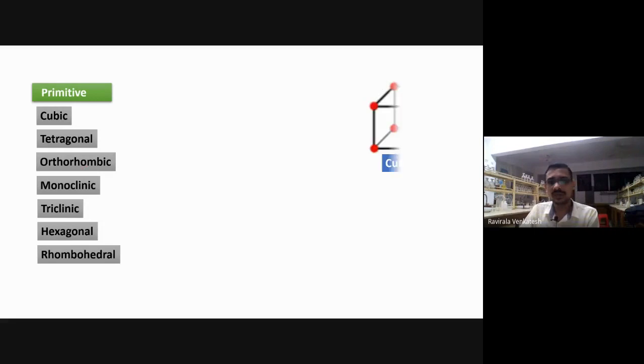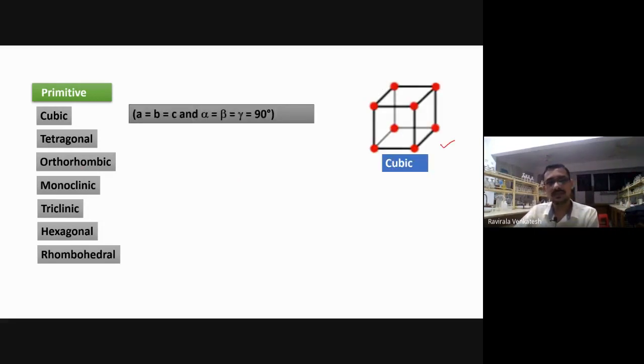One is called cubic. This one is called cubic, where constituent particles are present only at the corners, in which a equals b, b equals c, and alpha, beta, gamma are also 90 degrees. Now, for example, you take a, b, c.